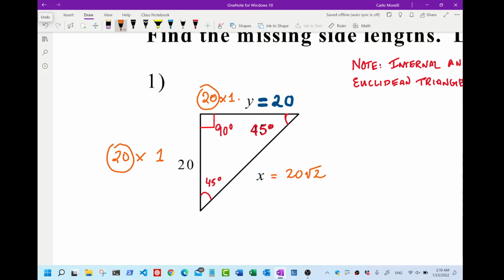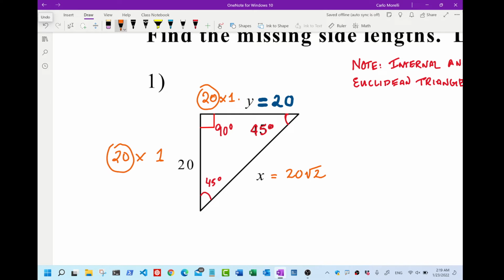Since if the side lengths opposite the 45-degree angles had been 1, then the hypotenuse would be square root 2. But the side lengths aren't 1, they're 20. But that just scales the whole triangle up. So if you know 2 of the side lengths, but that doesn't include the hypotenuse, then you can just jump to the hypotenuse by multiplying it by the scale factor of whatever it is. In this case, it's 20. So x is 20 square root 2.